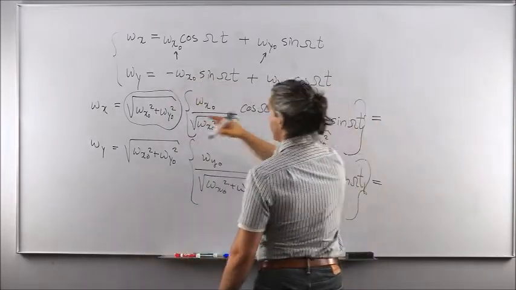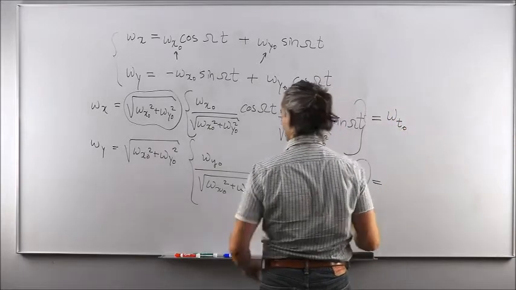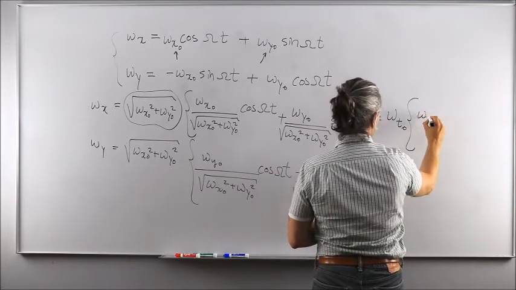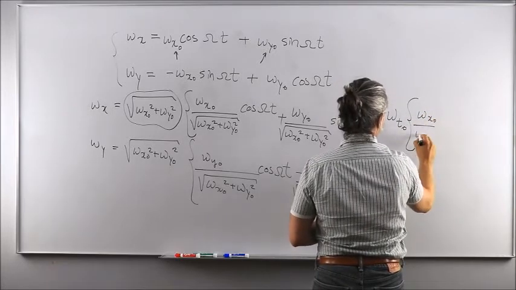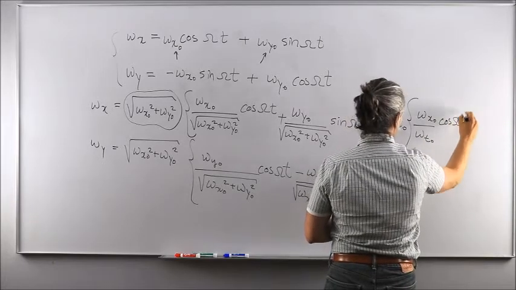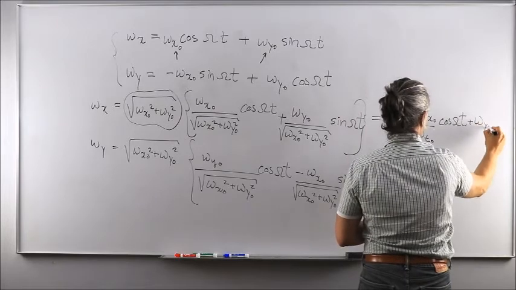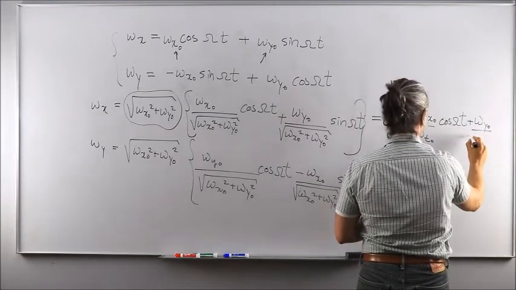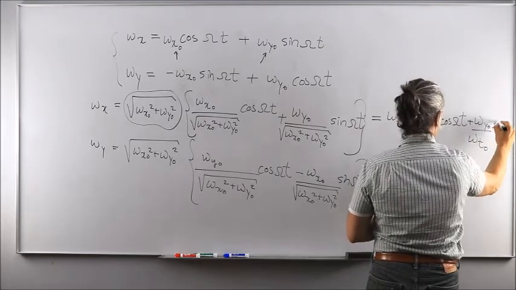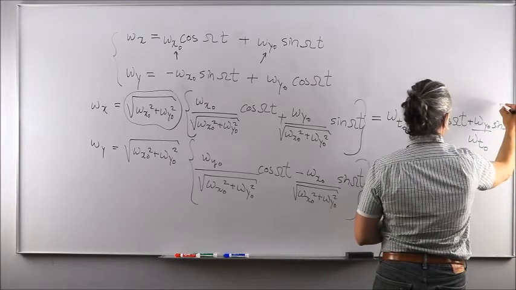So then I'm going to say that omega x is going to be the transverse angular velocity component at t equals 0, times omega x naught over omega t naught cos omega t plus omega y naught over omega t naught sine omega t, close the bracket.